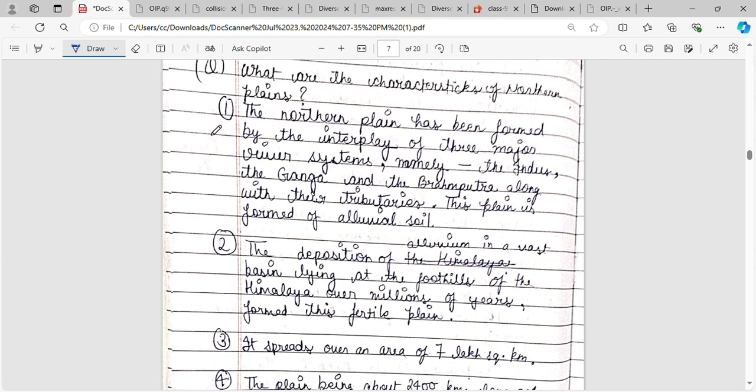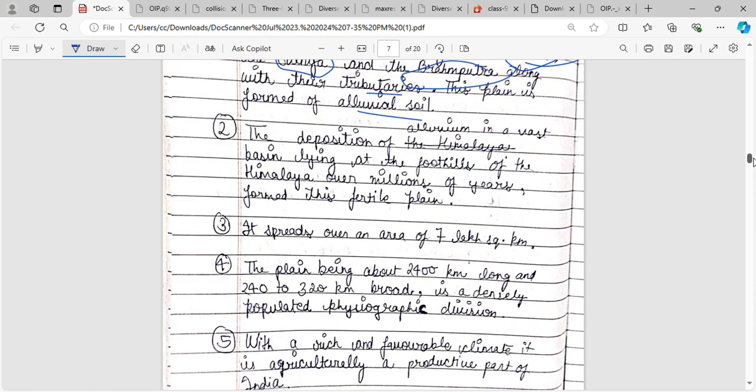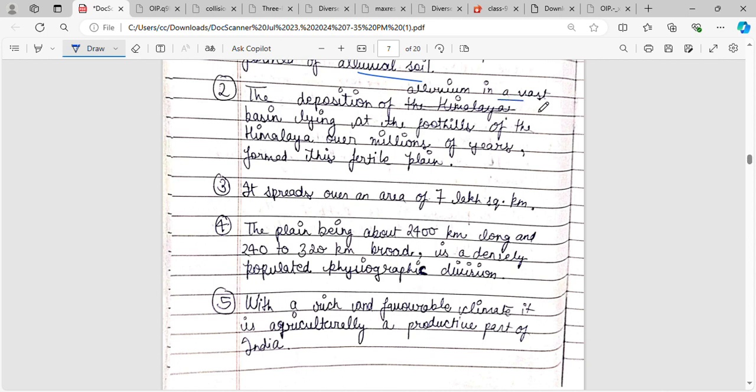The northern plain has been formed by the interplay of three major river systems, namely the Indus, the Ganga, and the Brahmaputra, along with their tributaries. This plain is formed by alluvial soil. The deposition of alluvium in a vast basin lying at the foothills of the Himalaya over millions of years formed this fertile plain.